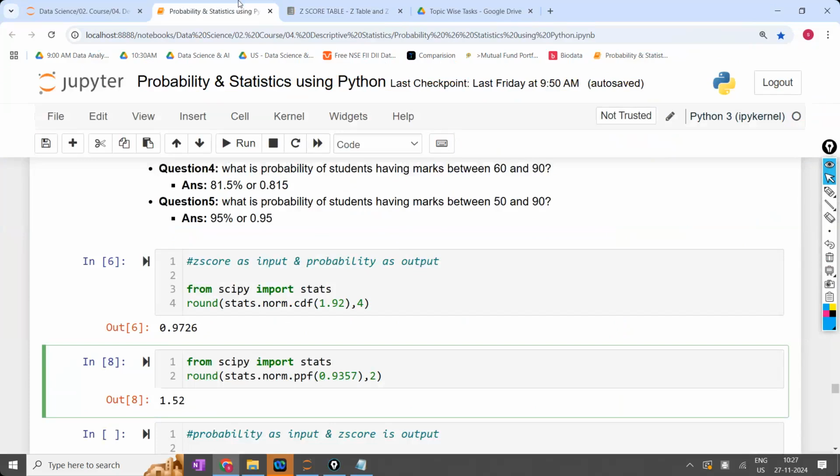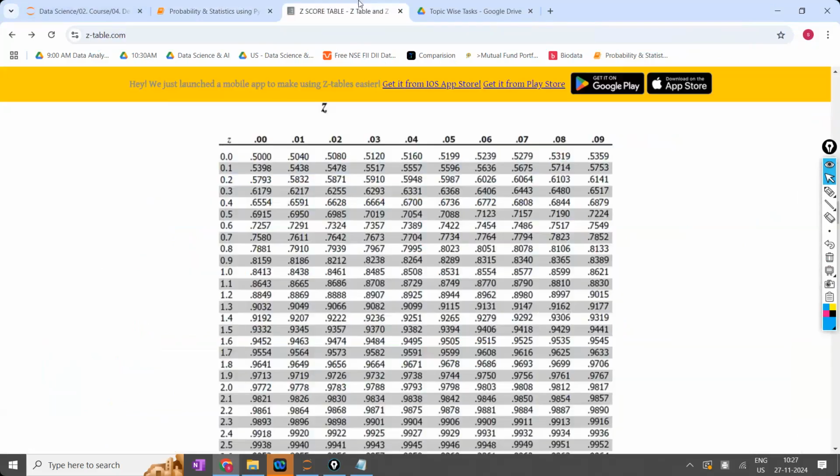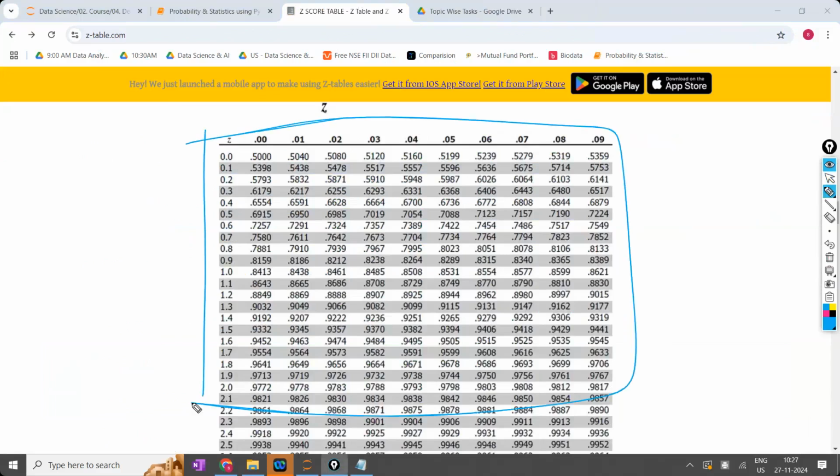In the TCS exam, whether they will provide the Z table or internet or nothing, they will give a screenshot of this one. From here to here, they'll take one screenshot and add it in the question. On your screen, this will also be visible. Only that part they'll take the screenshot of and add in the question.